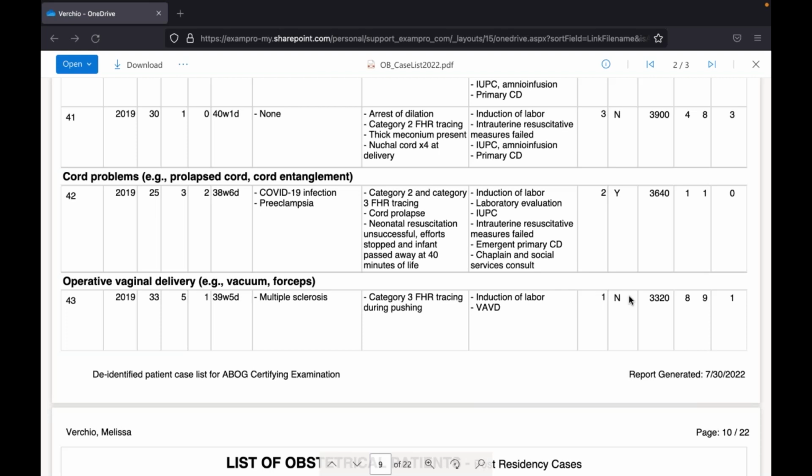One thing you should rest assured in is that when we look at your case list, whether we're going to do a mock oral exam or your examiner is taking a look at it, they don't know the story. So that allows you to kind of relax and say, okay, they don't know exactly what happened.